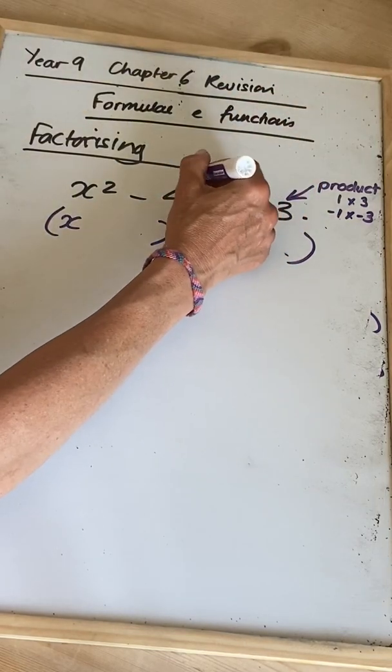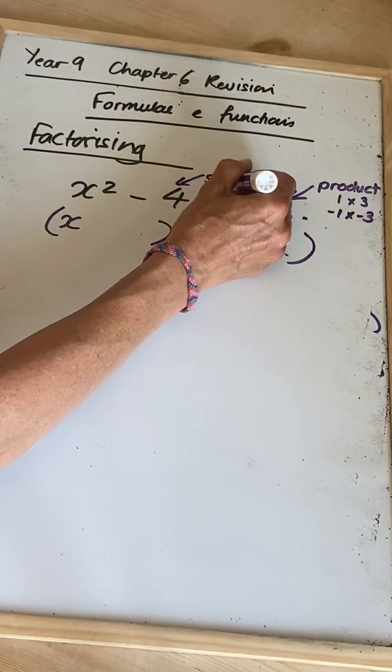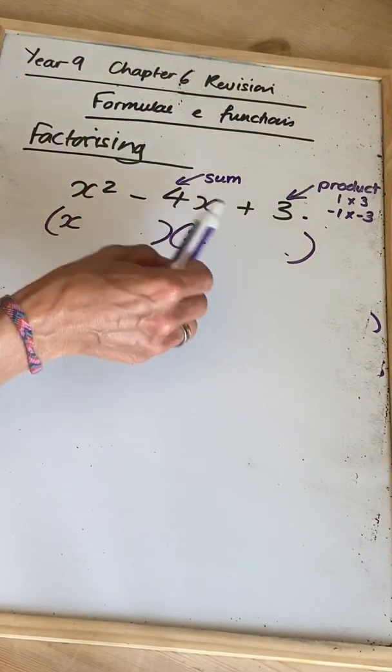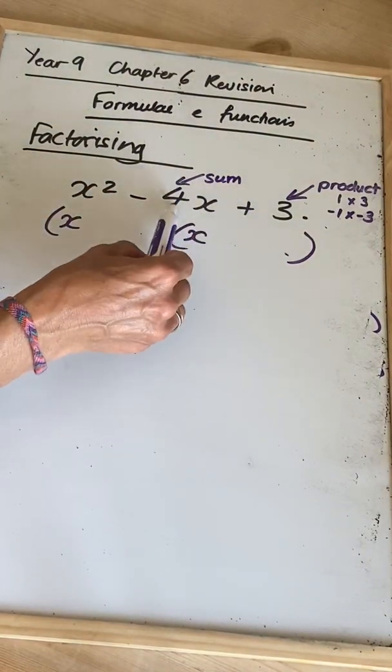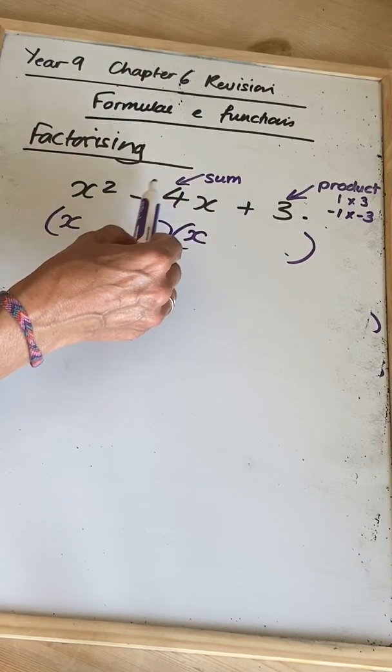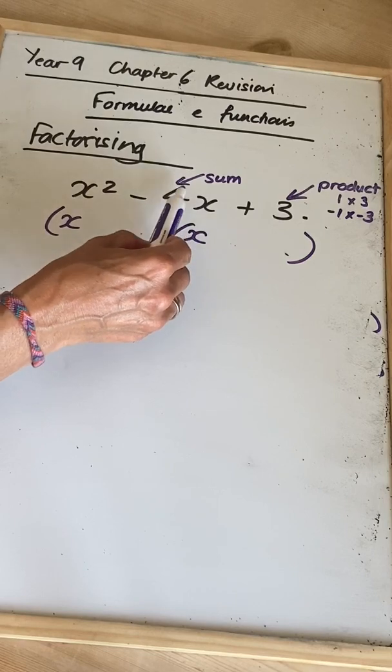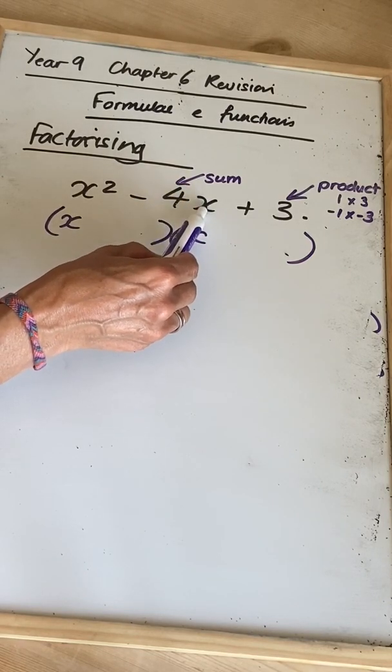What we therefore have to look at to choose ours is that the sum of the two numbers that you have here must add up to -4. So the sum of your numbers has got to add up to this middle number, the coefficient, in front of the x.